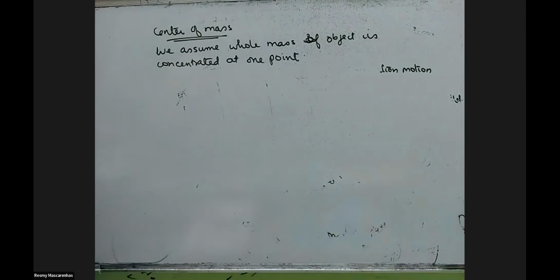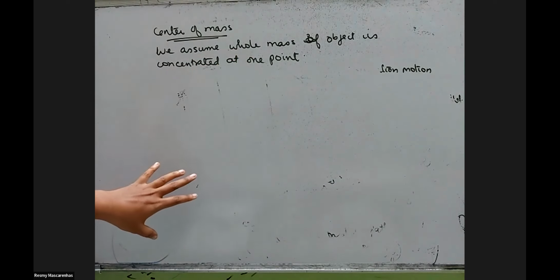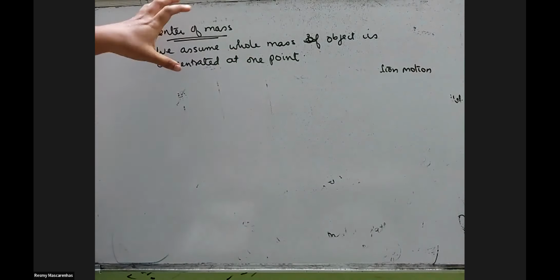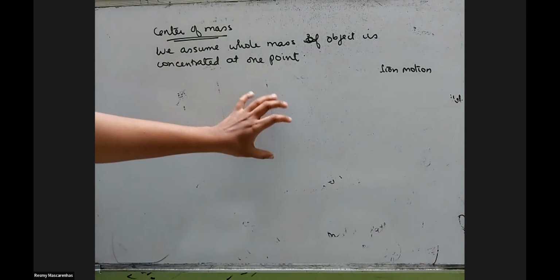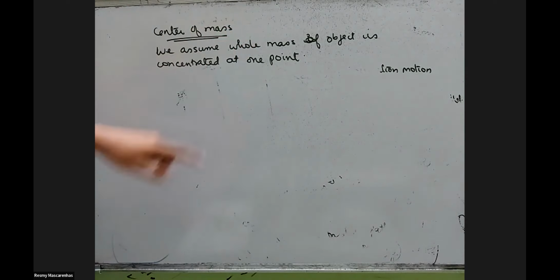Because sometimes at one end of the object there will be fewer particles, and sometimes one side could be heavy. But overall, on average, wherever the whole mass is, we try to consider a common point. That is the center of mass.